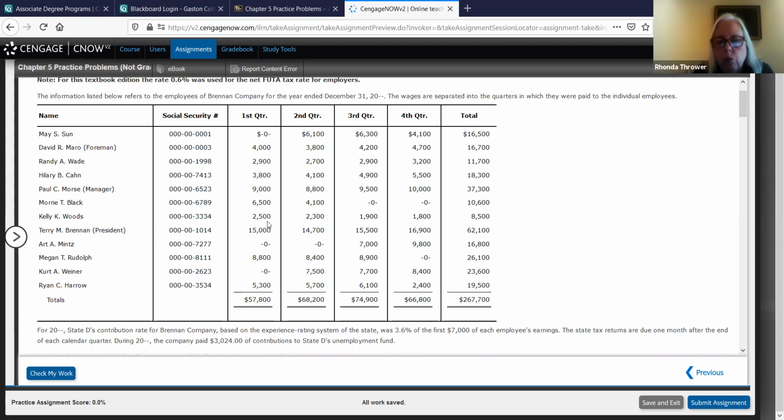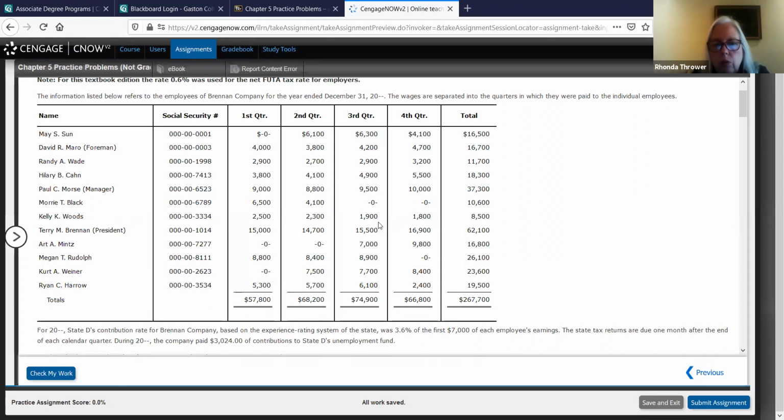you see that she was paid $2,500 in the first quarter. That's not $7,000. 2,300 in the second quarter. If we cumulatively add together each quarter's wages for Kelly Woods, the first quarter was 2,500. We're going to add 2,300 to that. It still does not reach 7,000.